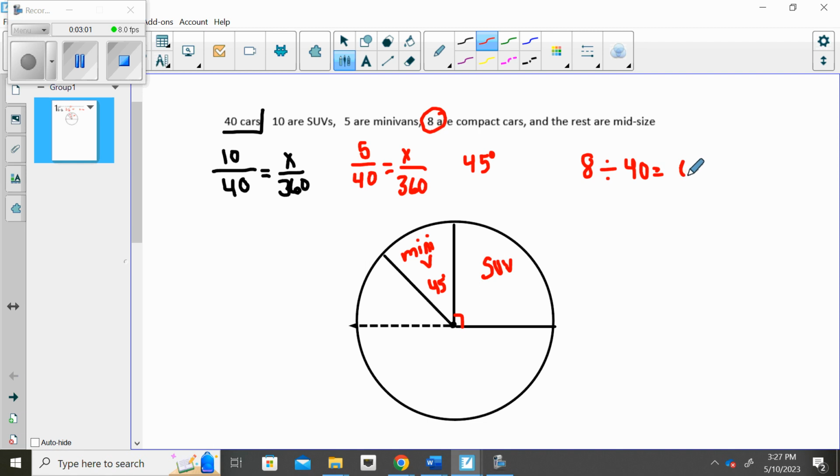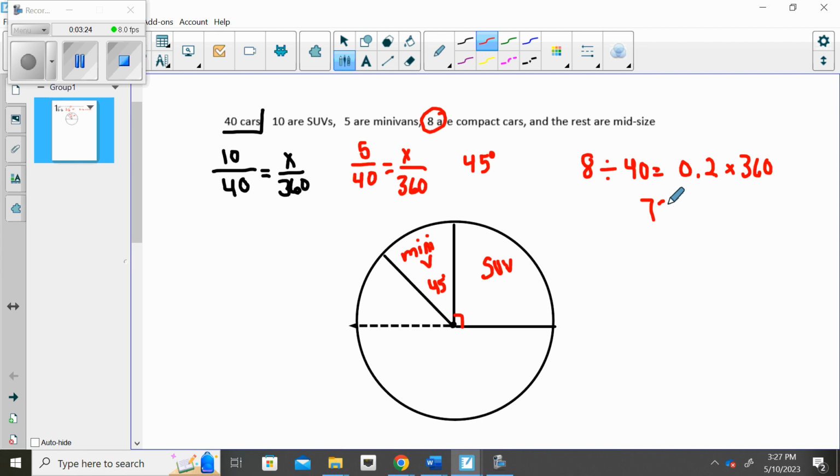And a fifth is 0.2, which is 20%. So then if I want to take 20% of the 360 degrees to get the angle in my circle, then I would do 0.2 times 360, and I get 72 degrees.